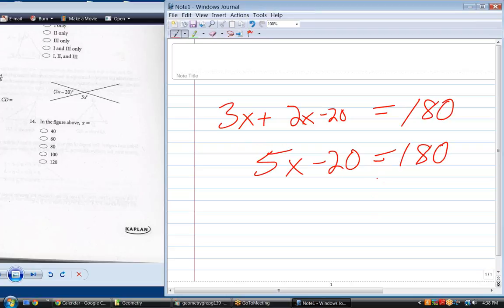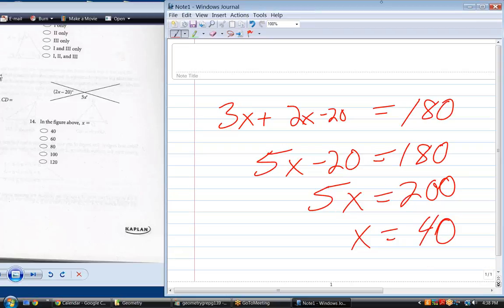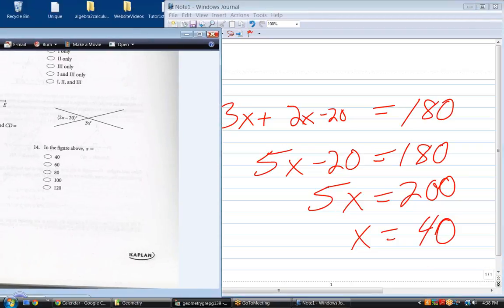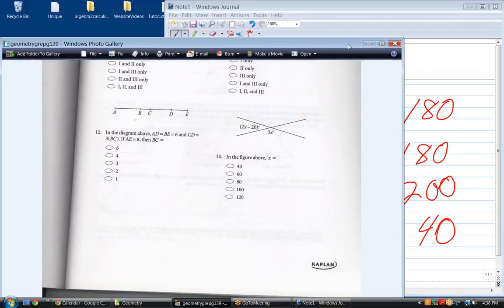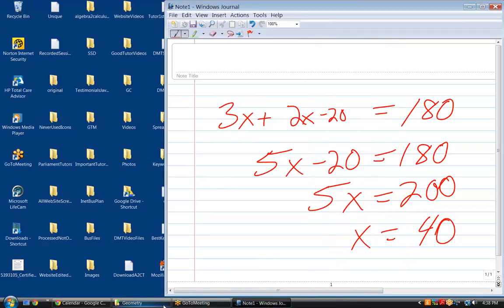Now what's the next step? Then you would add 20 and get 200. All right, and then finally, x equals 40. All right. Let's see, what page is this? 139.